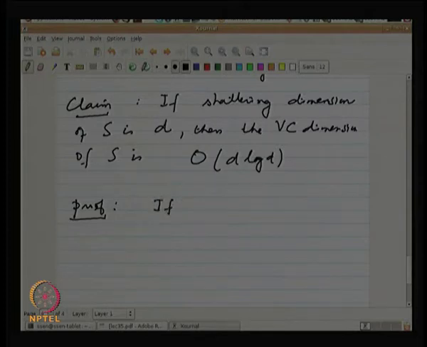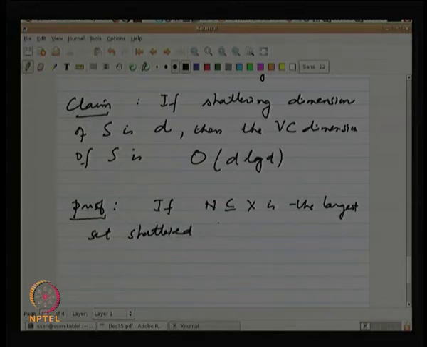So, let us say this is the VC dimension.